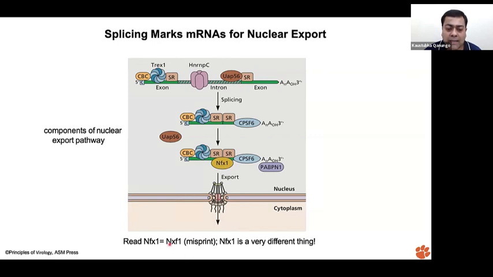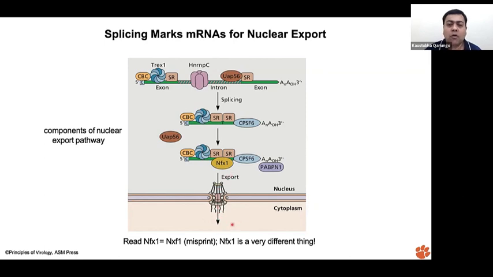So what NXF1 is, and remember only that name, is the nuclear export factor. We call these adapter proteins, and when they attach to the mRNAs, they can be transported through the nuclear pore to the cytoplasm.